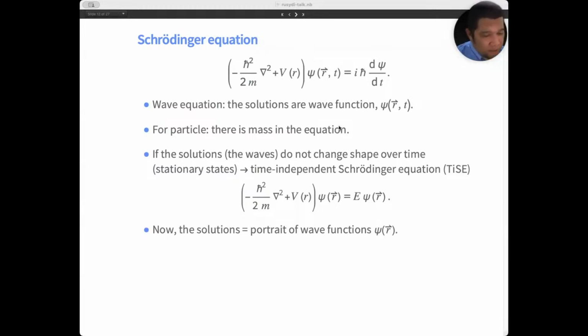It is for particles because it has mass and only particles have mass. If the solutions do not change shape over time, we call these solutions stationary states. For the stationary states, the equation is reduced to the position dimension only, or the time-independent Schrödinger equation, and the solutions become the portrait of the wave function, ψ(r).